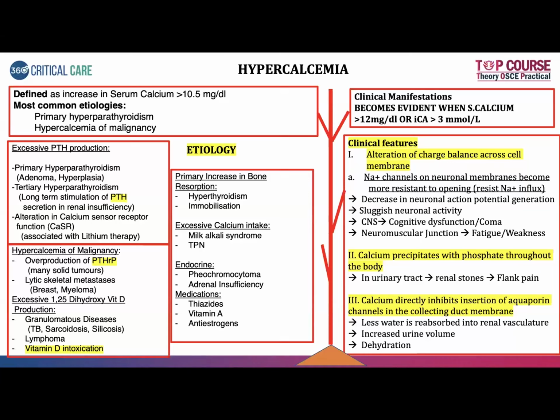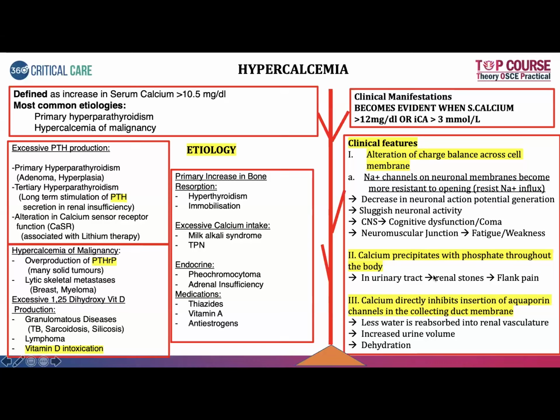That is the reason there is a decrease in neuronal action potential and sluggish neuronal activity. So cognitive dysfunction and coma happen. And there is also neuromuscular dysfunction, with fatigue and weakness.